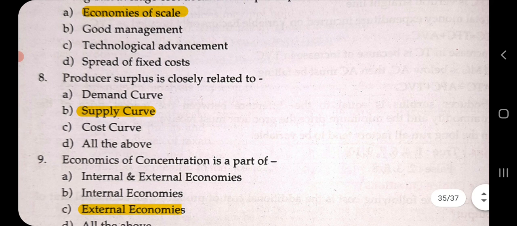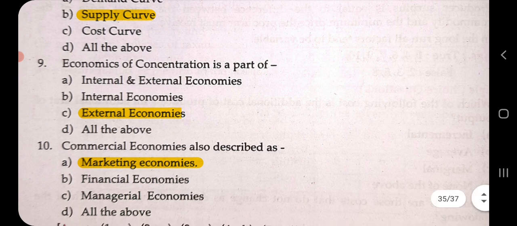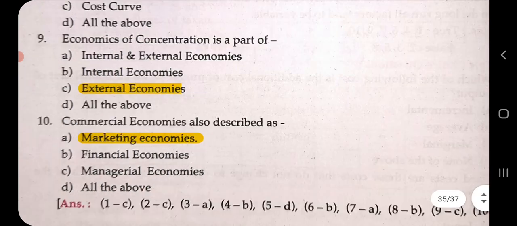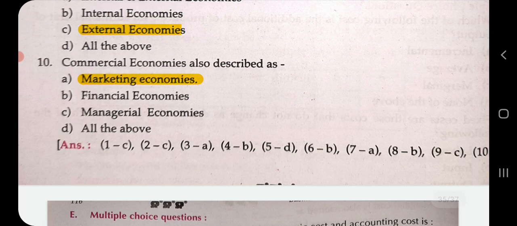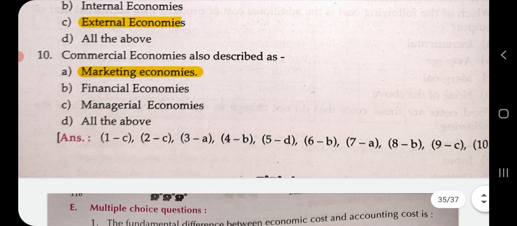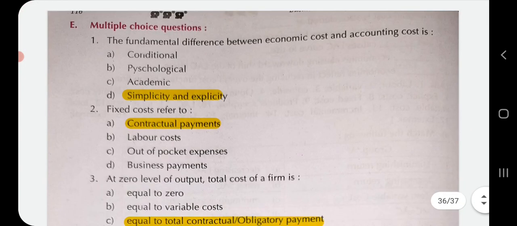The correct answer is B. Ninth question, economies of concentration is a part of dash dash, and the correct answer is C, external economies. 10th question, commercial economies also described as marketing economies. The correct answer is A, marketing economies.